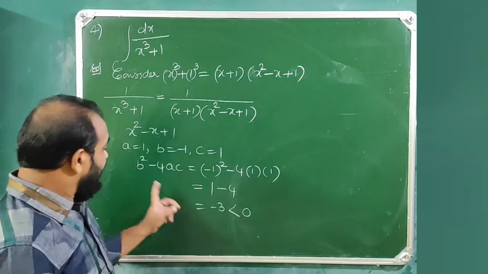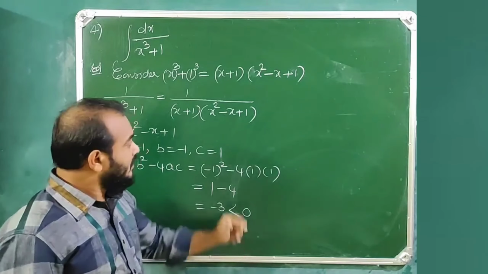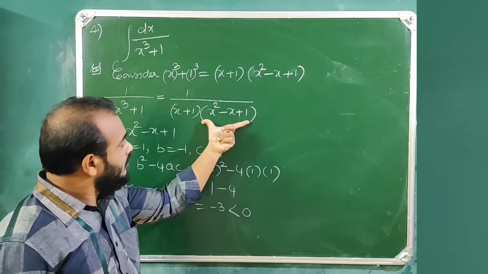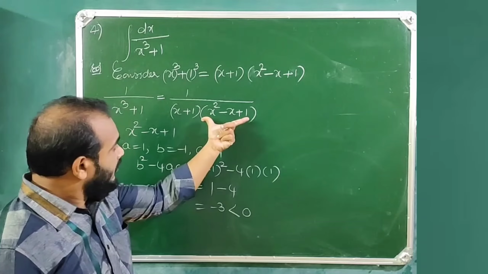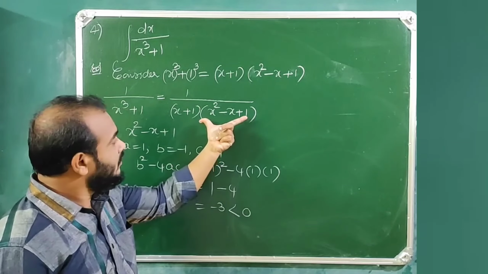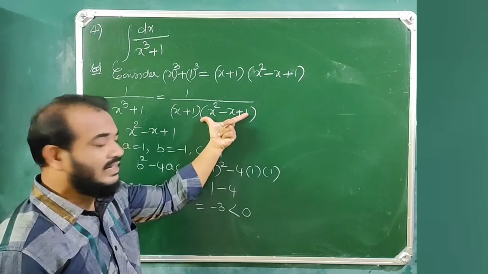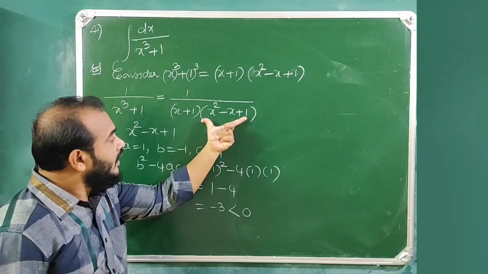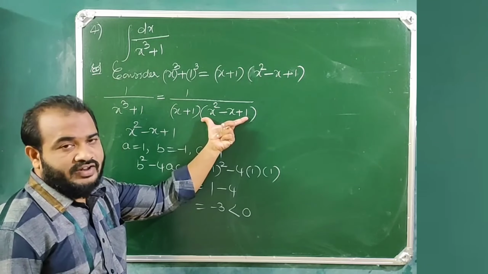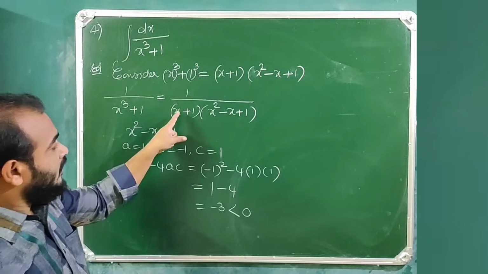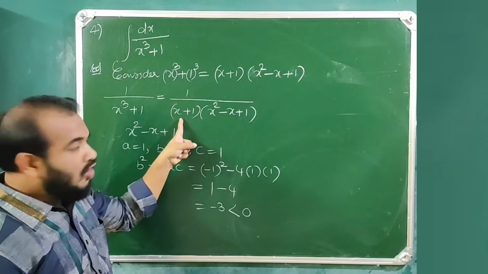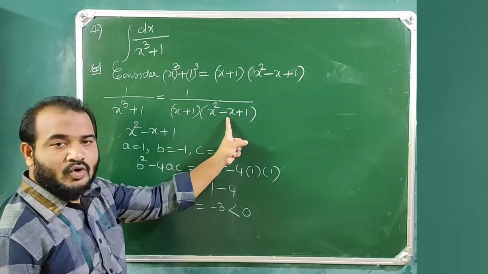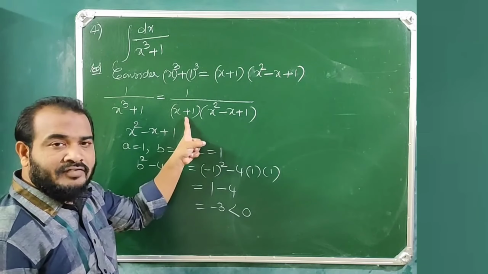If b² − 4ac is less than 0, this quadratic factor doesn't have any linear factors, any real factors. Therefore this is an irreducible quadratic factor. So the denominator is the combination of a non-repeated linear factor and a non-repeated irreducible quadratic factor. Non-repeated linear factor is type 1.